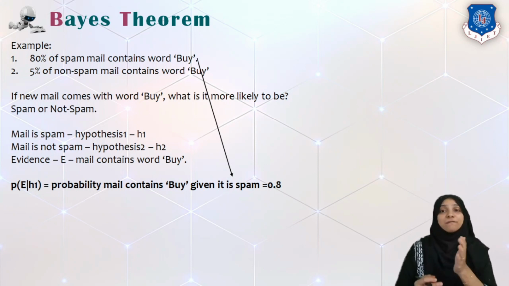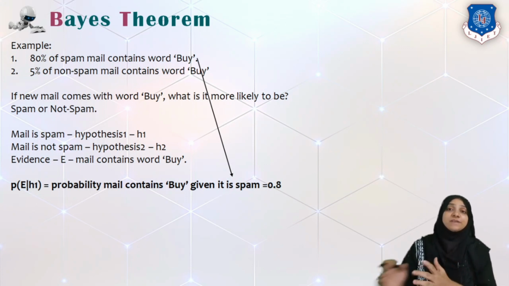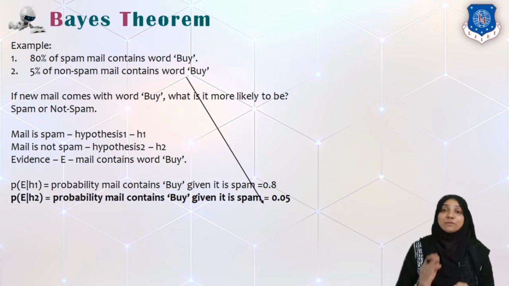So P of E given H1 is read as the probability that the mail contains "buy" given that the mail is already spam, which equals 0.8, equivalent to 80%. And the probability of E given H2 is read as the probability that the email contains "buy" but it is not spam.